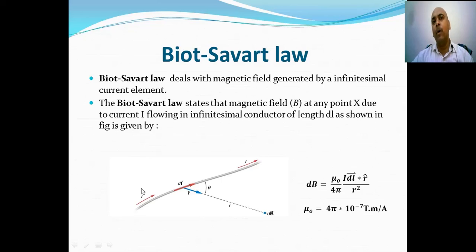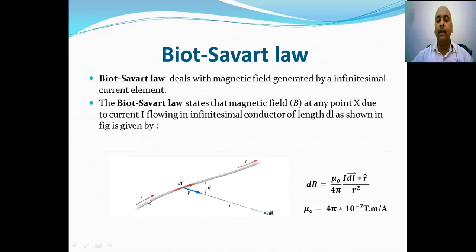So it is the Biot-Savart law which provides us a relation for the magnetic field produced due to an infinitesimal current element. So out of this conductor, let us suppose we consider a very small element of the conductor whose length is dl, and this length dl is very small.